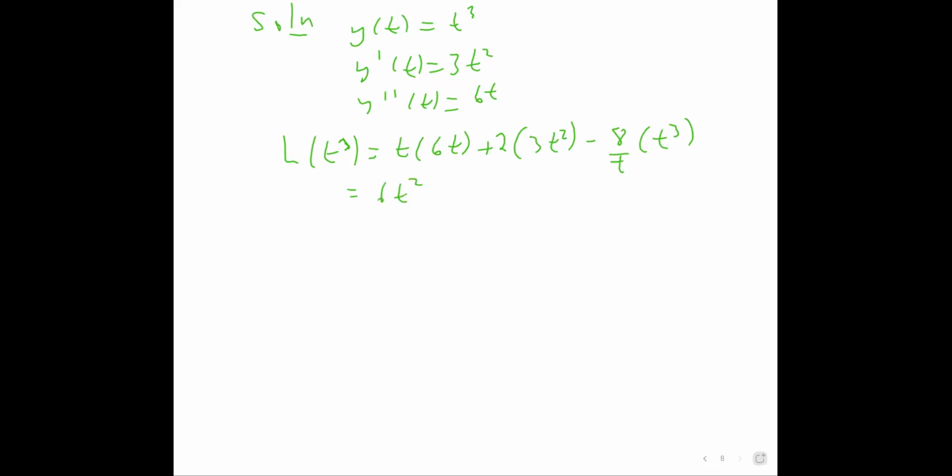And this will be 6t squared plus 6t squared minus 8t squared, so all of that will be 4t squared.